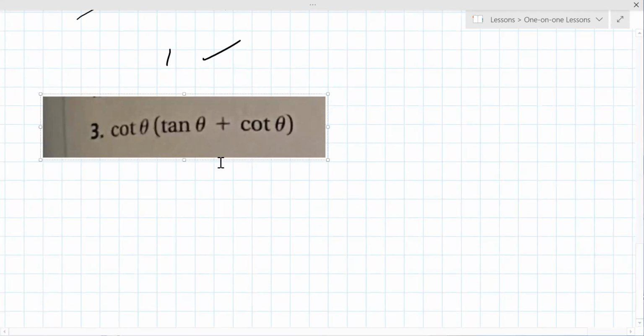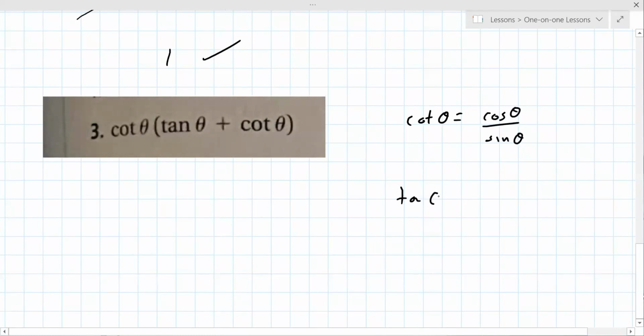So again here, you probably want to rewrite things in terms of sine and cosine, but this one's a little bit different. Cotangent theta is cosine theta over sine theta. And then tangent theta is sine theta over cosine theta.